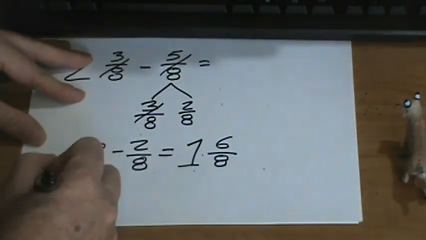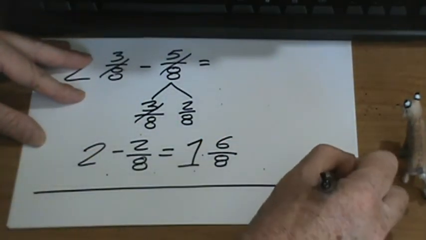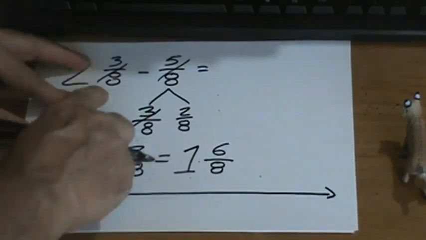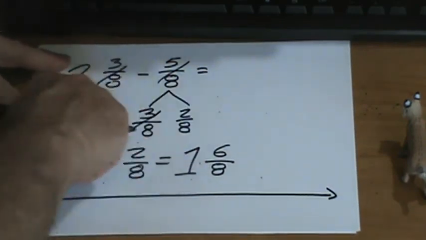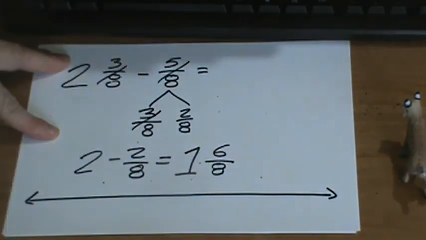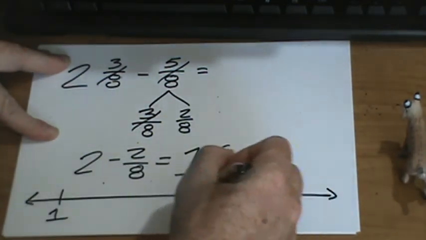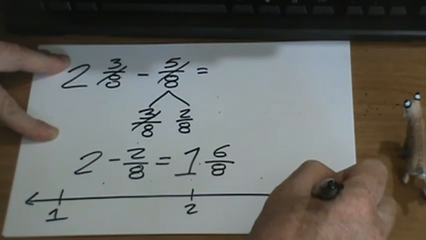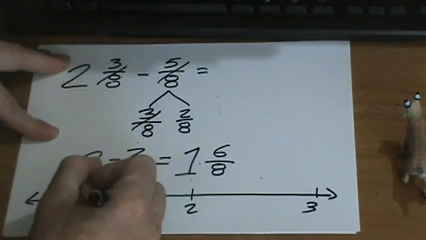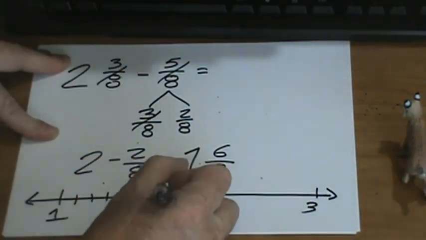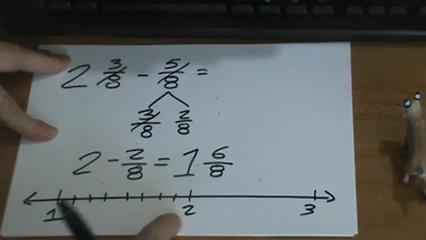Don't believe me? Let's do a number line. And let's go with our original problem. So we have 1 here, and I'm going to do 2 here and 3 here. What unit do we have? Eighths. 1, 2, 3, 4, 5, 6, 7, 8.